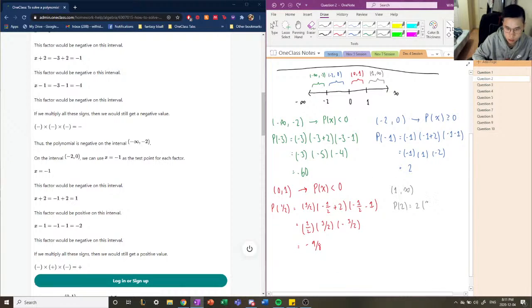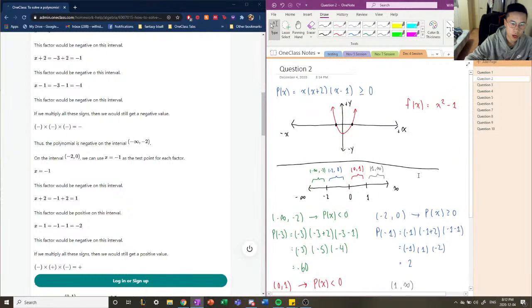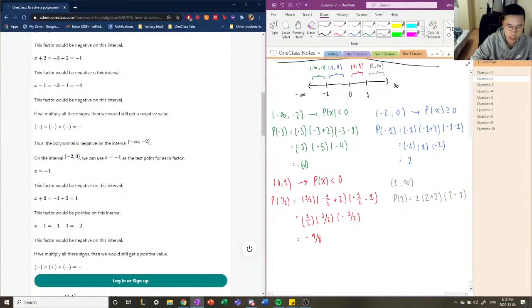That's my mistake. I'll change this after I finish this. So it's 2 times 4, 8 times 1, which is 8. Okay, so we know that p of x is greater than or equal to 0.